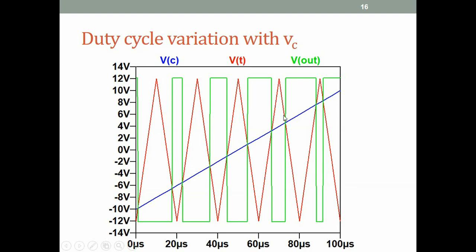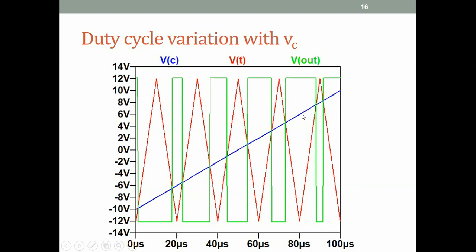If VC is high, then the triangle wave has to go through a much longer duration before it crosses VC, and therefore the output voltage stays high for a much longer duration. So the duty cycle, which is for how long the output stays high, is smaller when VC is low, and higher when VC is high.